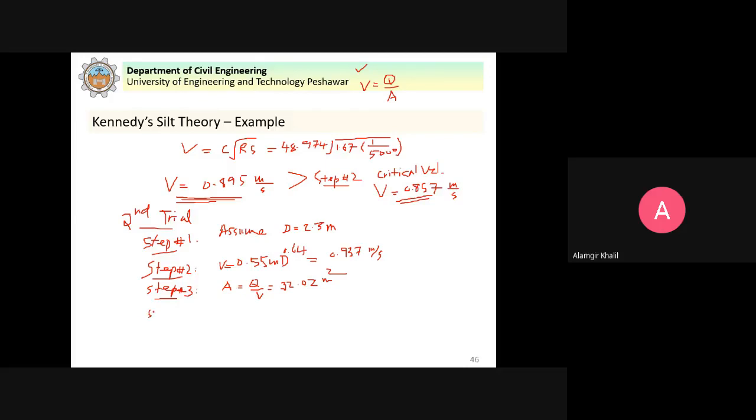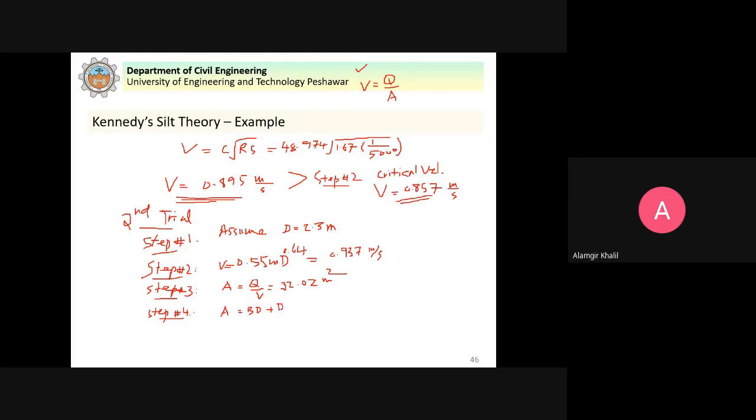So that is step number 4. We already know this equation, the side slope we already assumed. So A will be equal to B into D plus D square by 2.